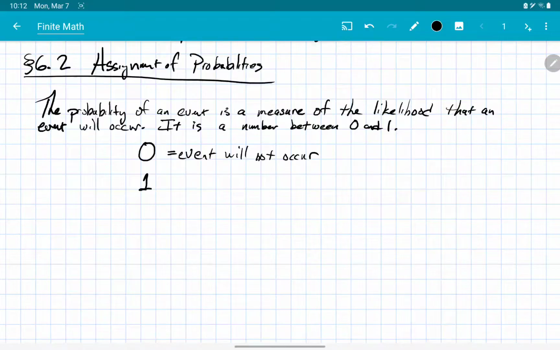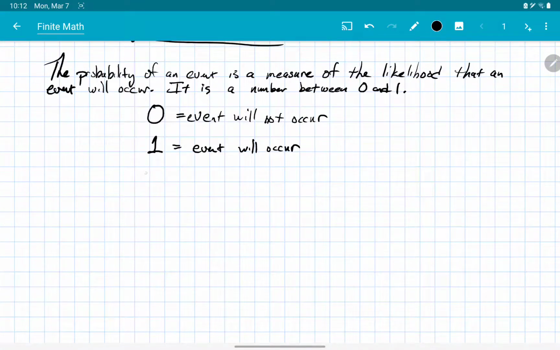A probability of 1 means the event will occur. And a probability of 0.5 means the event will occur half the time. You're probably used to thinking about percentages, but you just slide the decimal point over 2. That's the only difference here.